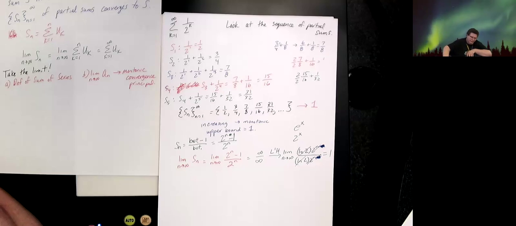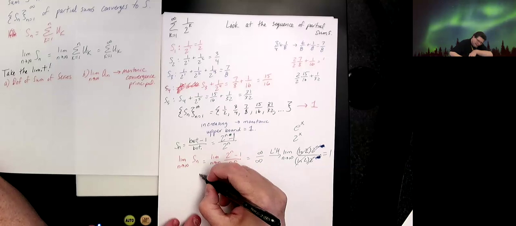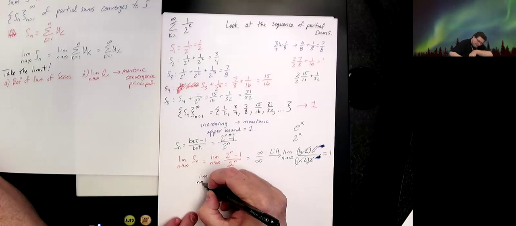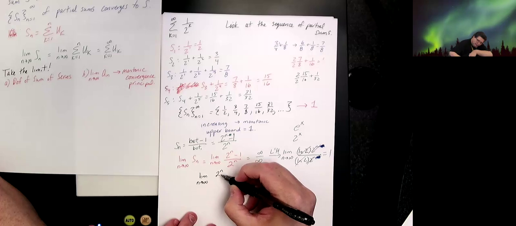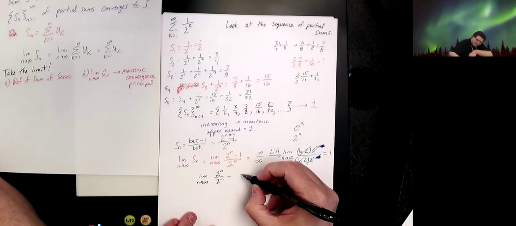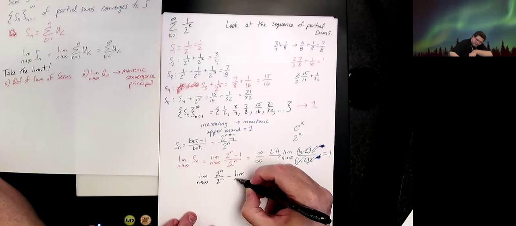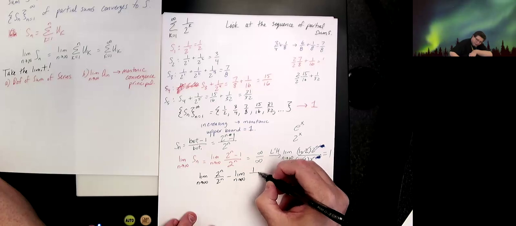So let's look at doing that a different way. Let's break that up. That is the limit as n goes to infinity of 2 to the n over 2 to the n, minus the limit as n goes to infinity of 1 over 2 to the n.